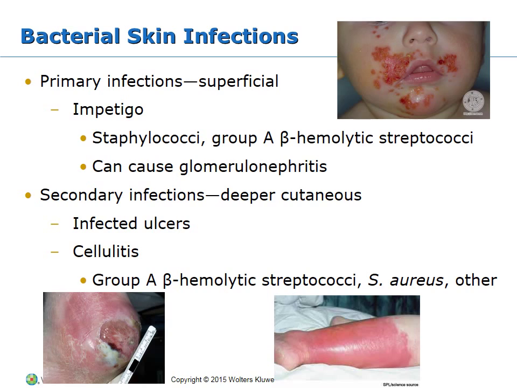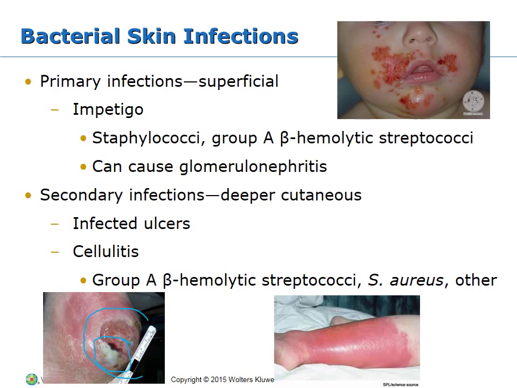Bacterial skin infections, primary infections, what we see are usually superficial infections, and those would be like impetigo caused by staph. And remember that this can cause glomerular nephritis. Secondary infections, infected ulcers, that's this picture here on the left on the bottom here, and you can see the infection is really right in this area here.